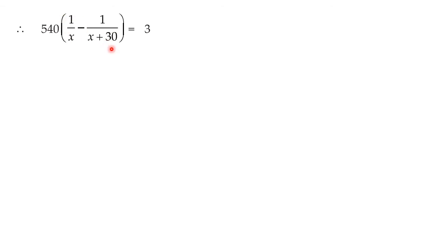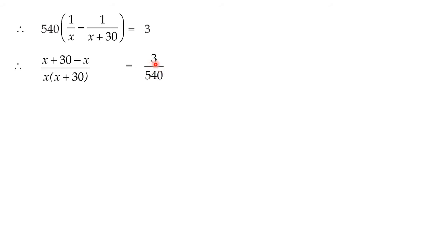So the next step: x plus 30 into 1 is x plus 30, and minus x into 1 is x, and in the denominator we write the product, with 3 upon 540 on the right.